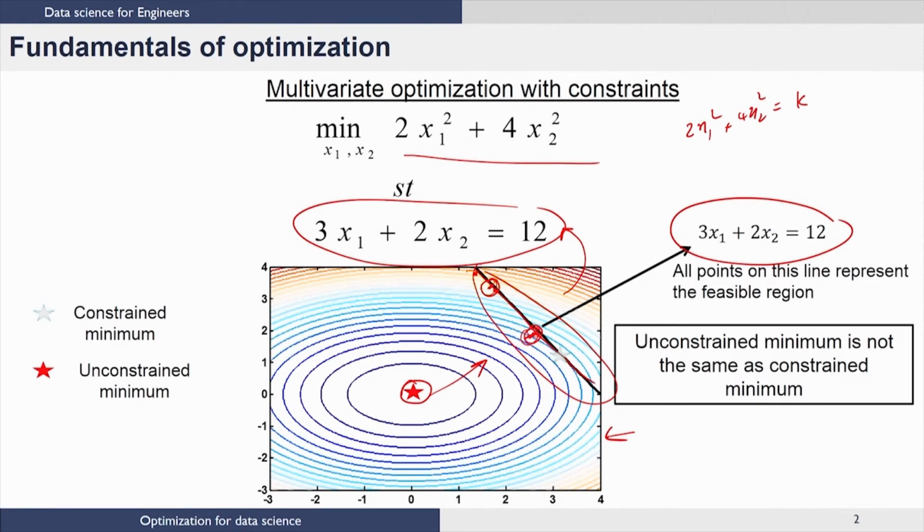Now, let us take a slightly different viewpoint and look at the same problem from an objective function viewpoint. If you did not constrain me at all and you said you could do anything you want, then I would pick this point as a solution.